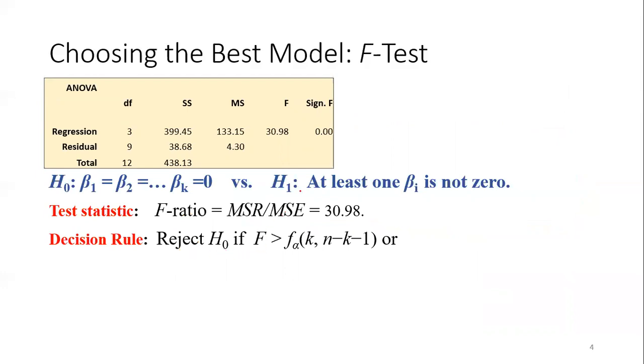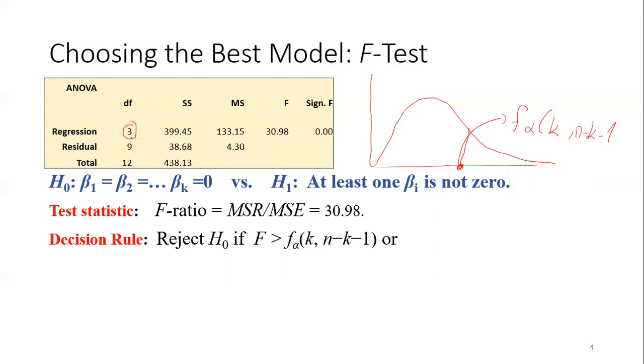So in general, how can we reject F? Here the significance is almost 0, but in general, you can just take the value of F alpha. Remember, this is my F random variable. What you do is you pick a critical value here. This is F of alpha with k degrees of freedom, where k comes from here, and n minus k minus 1 degrees of freedom, which is here 9.